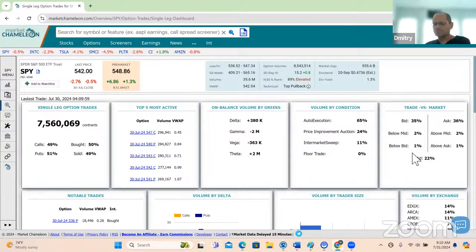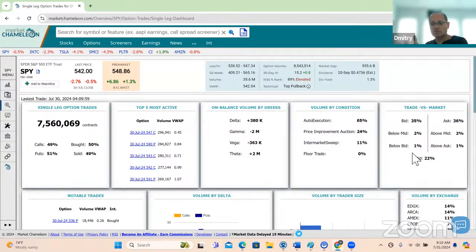Okay, so one of the things that a lot of traders, analysts, and research people analyze is what the incoming order or the end user is trying to do when they're using options. Because you could be buying options, you could be selling options, and if you're buying options, that means there's demand to buy them.